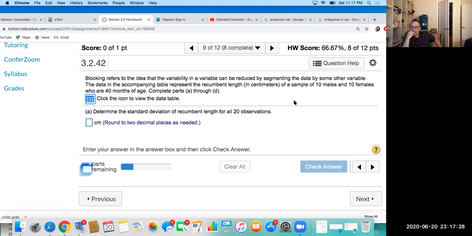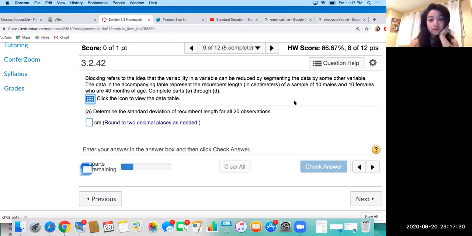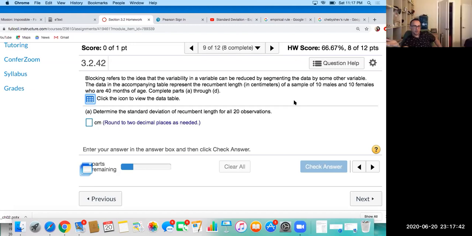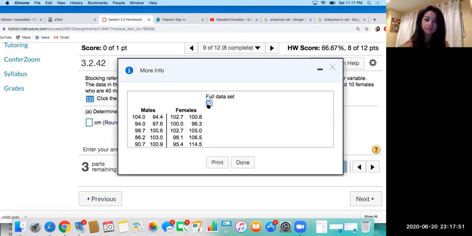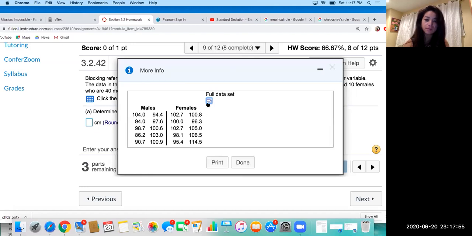No, StatCrunch will give you the standard deviation. Males and females, okay.